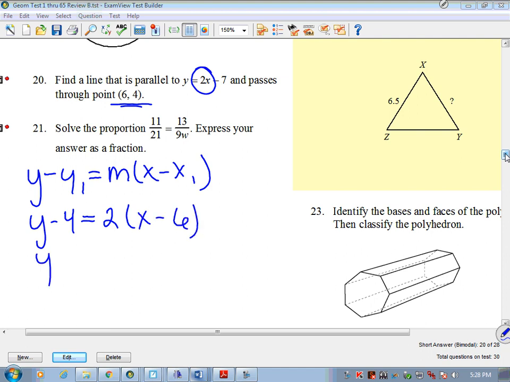Simplify: y minus 4 equals 2x minus 12, because we're distributing the 2. Add 4 to both sides. Y equals 2x. Be careful here, negative 12 plus 4 should be negative 8. Y equals 2x minus 8. That is the correct answer. That's out of lesson 37.